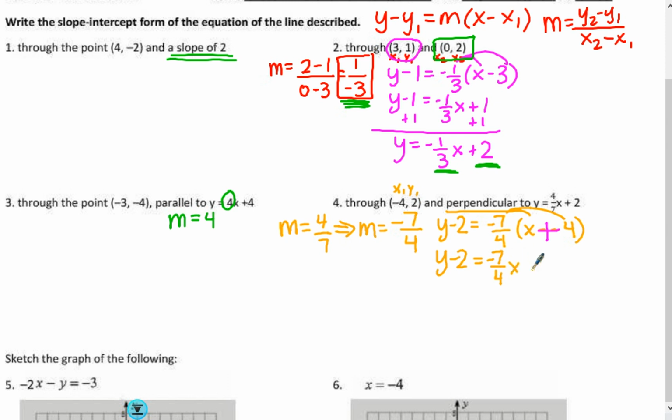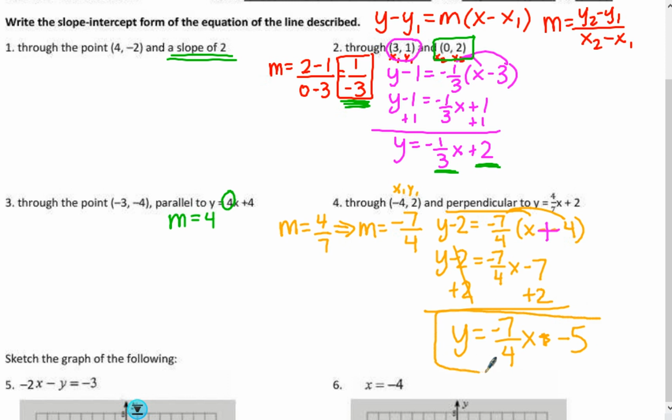That's going to be minus 7 if you plug that into your calculator. Negative 7/4 times 4 would be negative 7. In our last step to solve for y, I'm simply going to add this 2 to the opposite side. I get y equals negative 7/4 x, sorry about that, minus 5. And that would be my final answer.